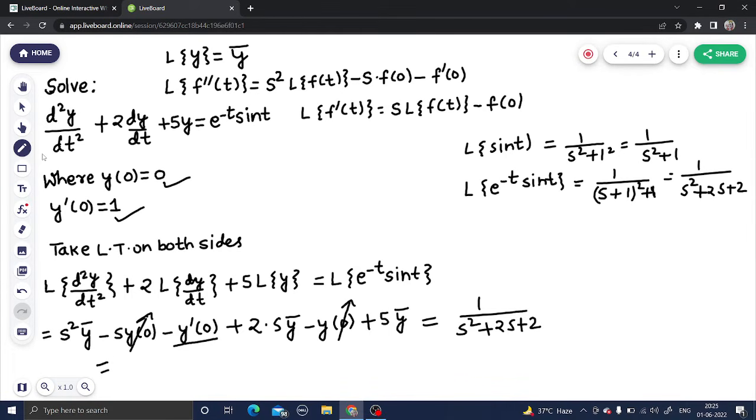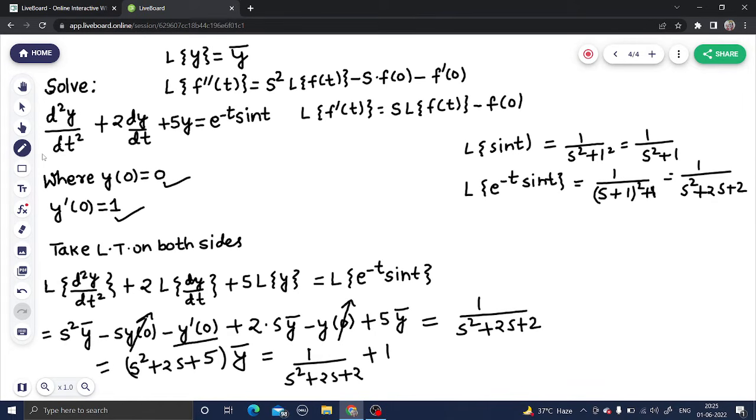So we are getting s square plus 2s plus 5, and the y bar is common, equals to this minus 1. If we go to the RHS, this will become 1 upon s square plus 2s plus 2 plus 1.